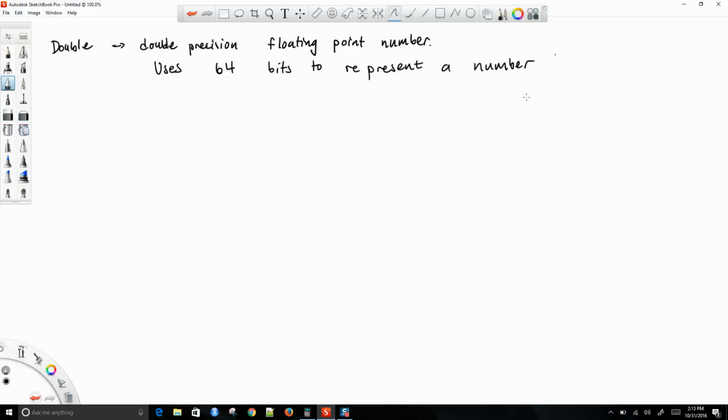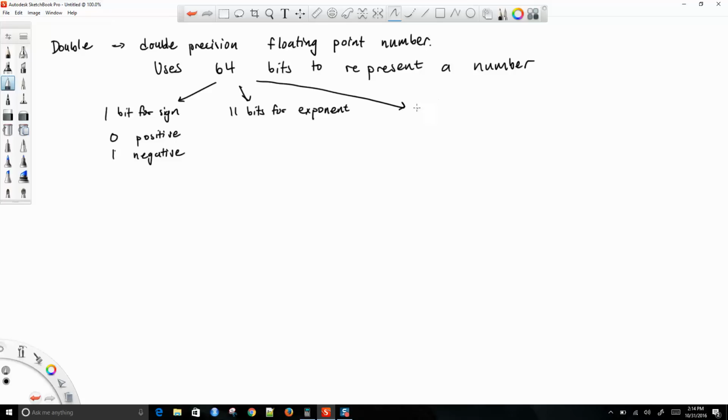Those 64 bits are broken into 3 parts. We've got 1 bit for the sign, so whether it's positive or negative, 0 for positive, 1 for negative values. Then we have 11 bits for the exponent, because it's in scientific notation.